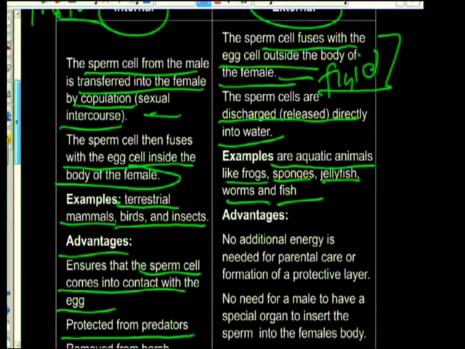Some fish, like the tropical guppies that you may keep in your little fish tank, they display internal fertilization. And believe it or not, the male fish have a specialized structure to deposit sperm into the female's cloaca. You would have learned something about that in grade 11.